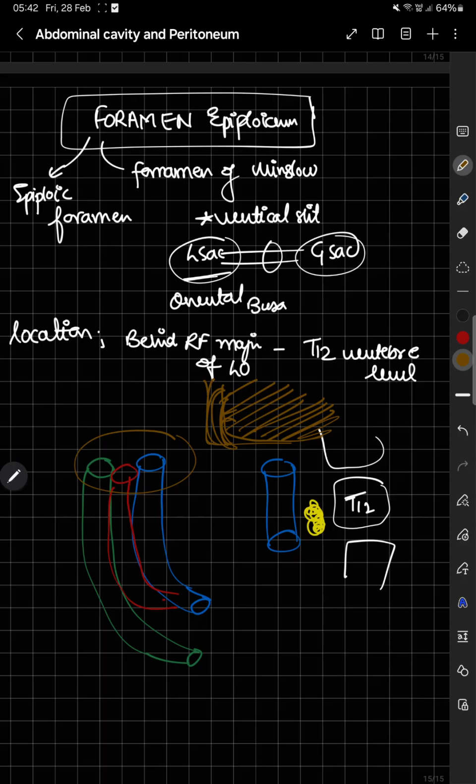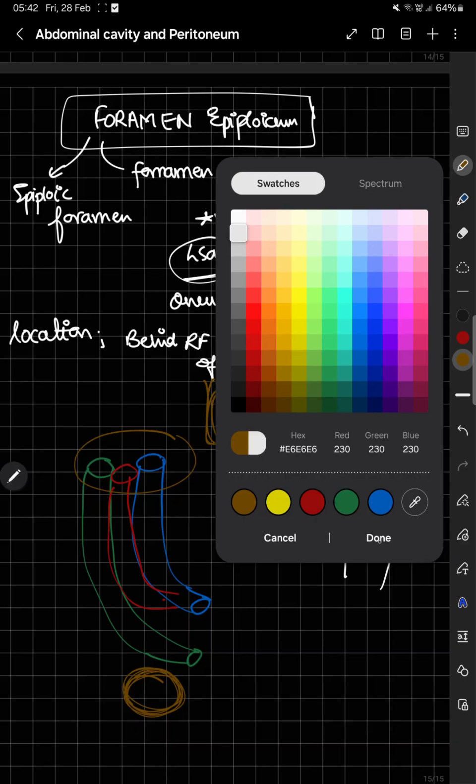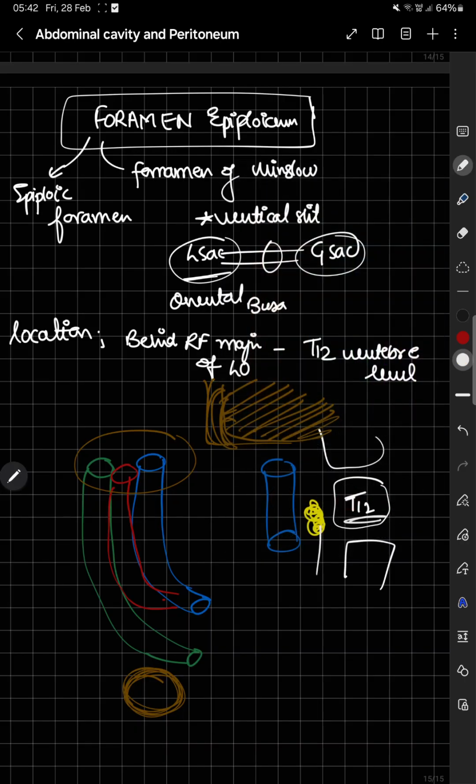This would form something else. And then here below this we have our parts. So first thing we have over this diagram is T12 vertebrae. This is our right suprarenal gland, which is also known as our right adrenal gland. This is inferior vena cava.